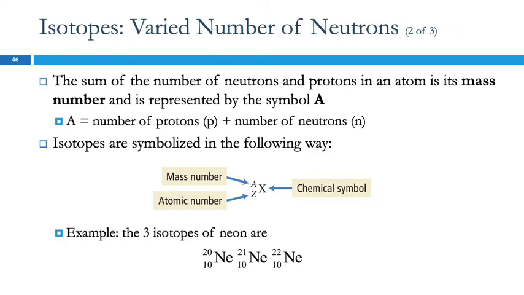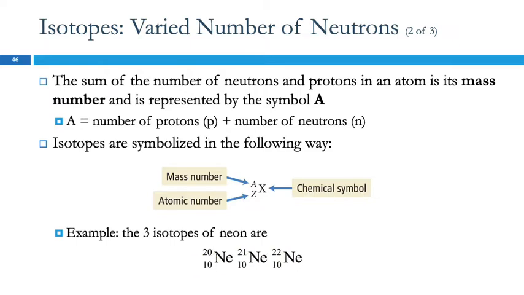Personally, I think it'd be nicer if they just had the chemical symbol and the number of neutrons, but it's not what they did. So examples. We mentioned the 3 isotopes of neon. All neon atoms have 10 protons, but these have different numbers of neutrons.